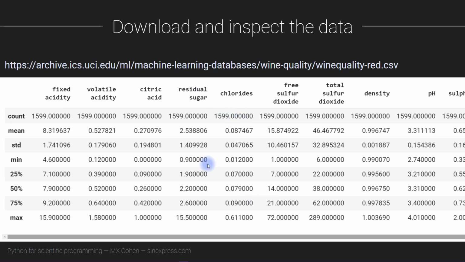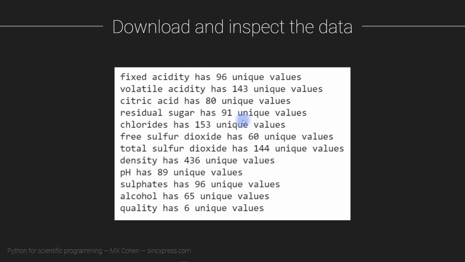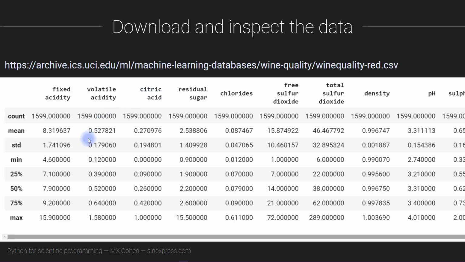Now, once you've imported all of the data, you can print out some additional information. What I'm showing here is each column, so fixed acidity, volatile acidity, and so on. And then I'm printing out the number of unique values in the entire data set in this column. So this is not the total number of columns.